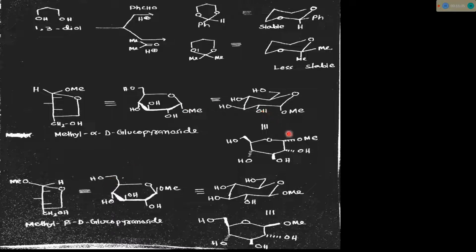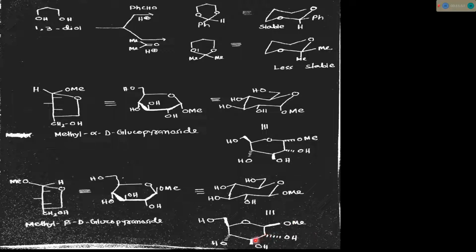So let's see the corresponding structure of this glucopyranoside. We can write any of these forms, and this is for beta. See, this is the anomeric carbon, OMe, this is carbon 2.